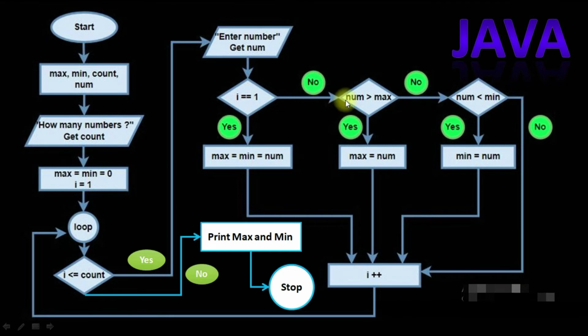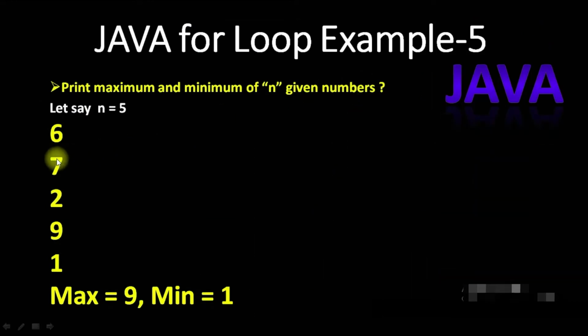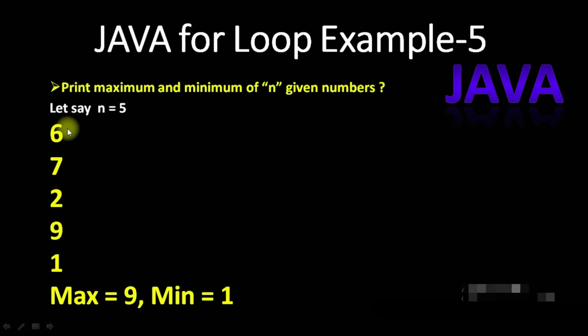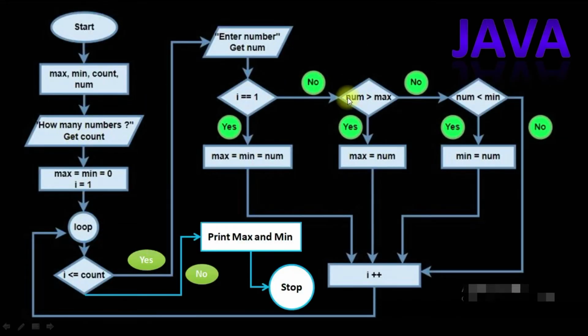No, then it will go here and check the number you entered. That means we entered the second number, which is basically 7. So is 7 greater than max? Previously we said max is equal to our first number, that was 6, right? So now it will check the second number: 7 greater than max, where max was set to 6, so 7 is greater than 6.